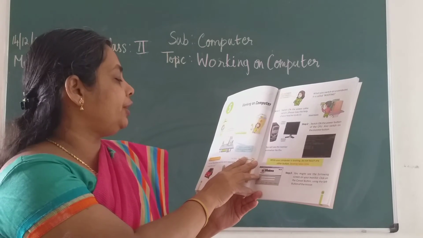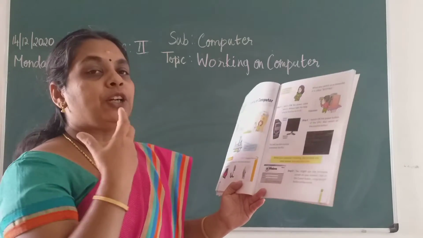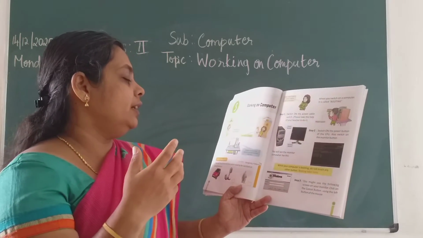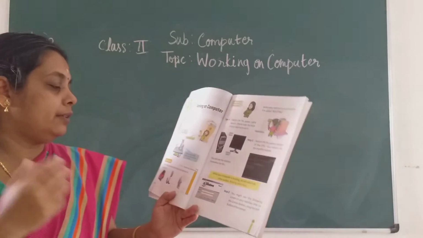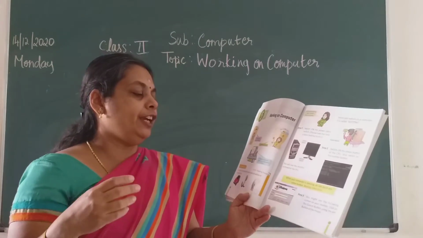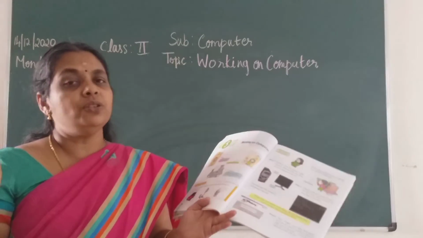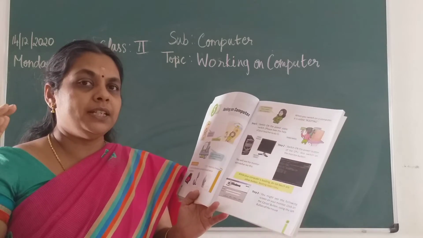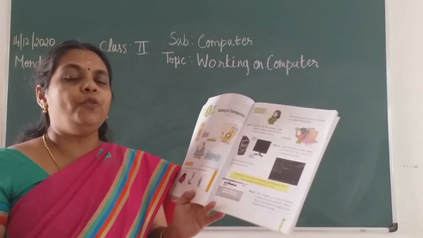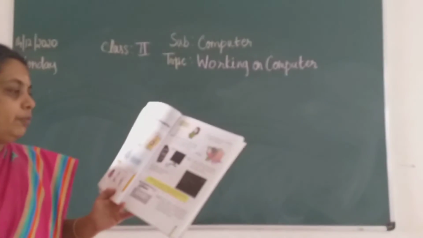So what they are doing, they will put on the fan, so you get cool air when you switch it on. In the same way, to work on the computer, first you have to switch on your computer, children. There are some steps for how you can switch on the computer. That one we will see.